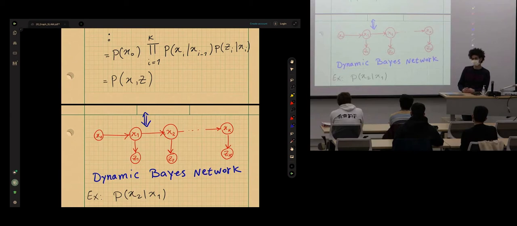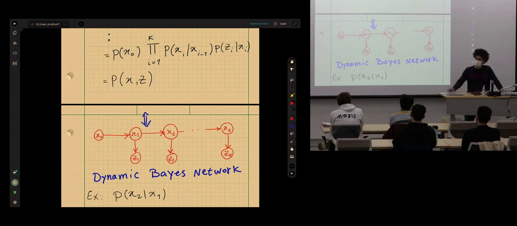It is much easier to encode that sort of assumptions into a graphical representation. When we visualize it, the equivalent of that Markov assumption is captured precisely by the arrows we have and we don't have. The fact that we have arrows from x0 to x1, x1 to x2, and the rule that we read the graph is that given the parent node, the node is independent of the rest of the graph.